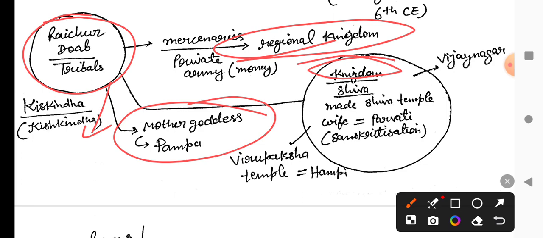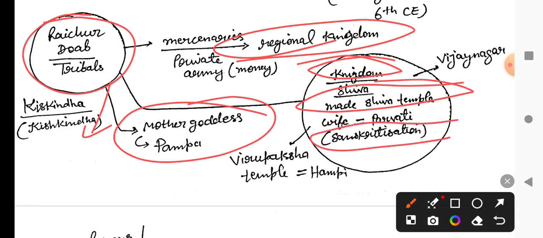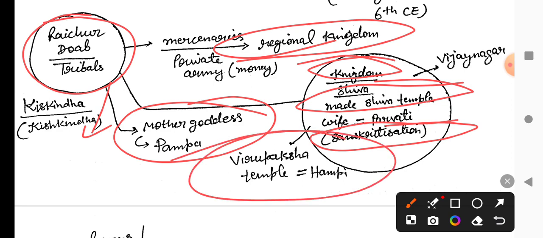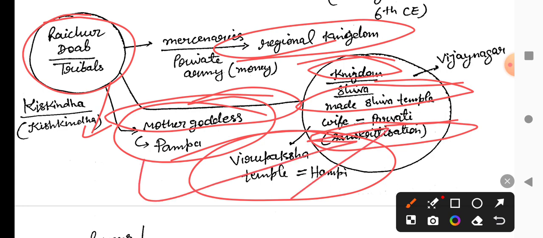A Shiva temple was made, and his wife is Parvati, and here Sanskritization was prevalent during the Satavahana period. The Virupaksha temple is also known as Hampi. And this mother goddess Pampa is collectively known as the wife of Lord Shiva, Parvati.